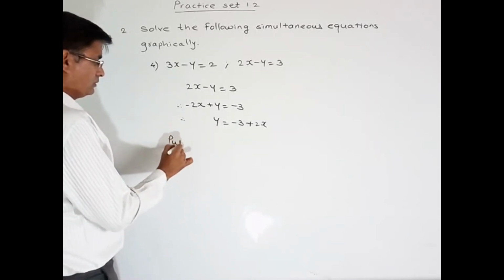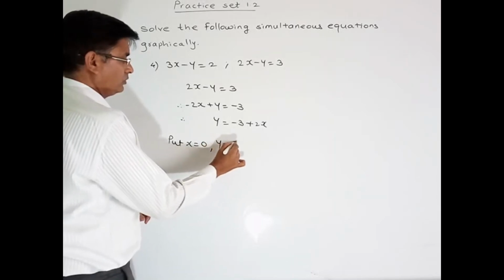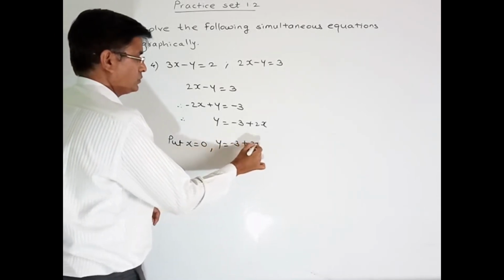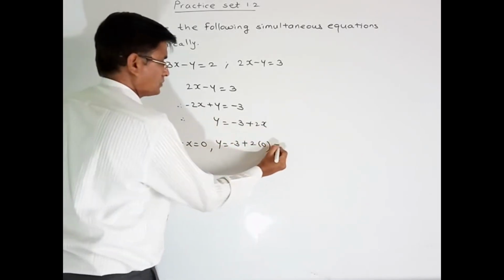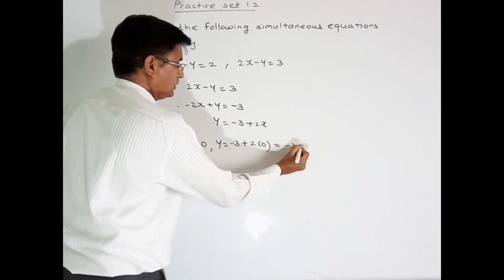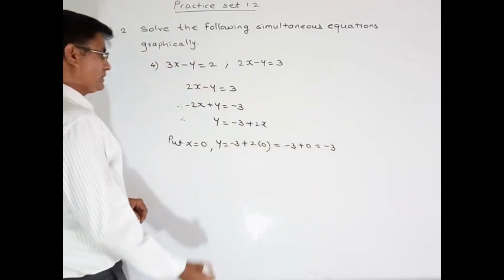Now put x is equal to 0, so y is equal to minus 3 plus 2 into the value of x, that is 0, so minus 3 plus 2 into 0 is minus 3.